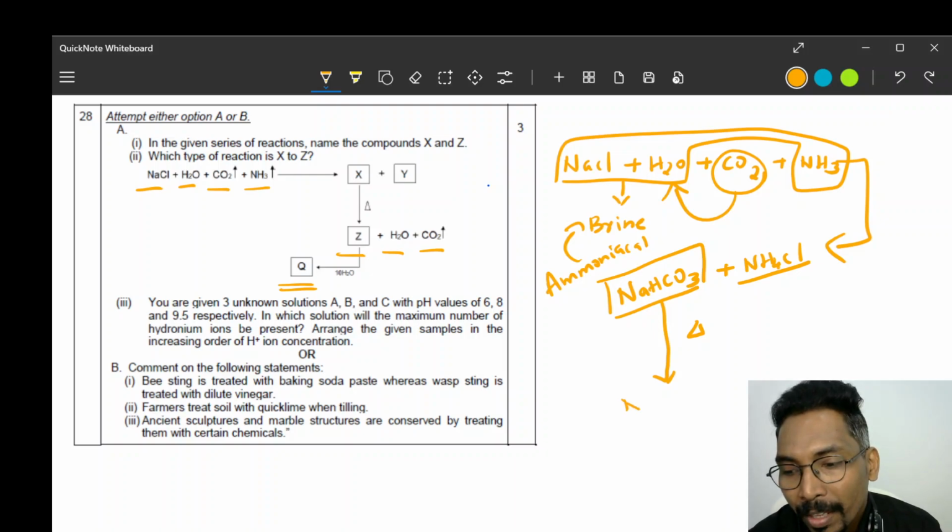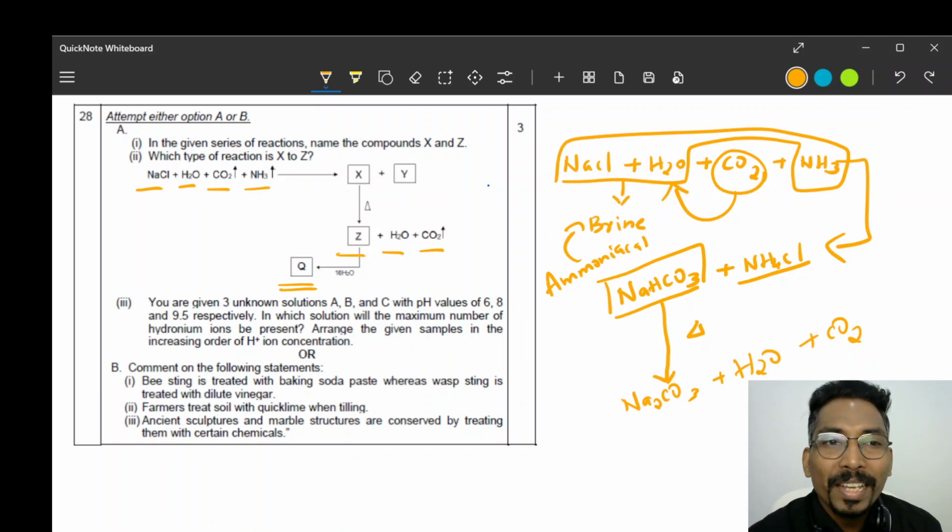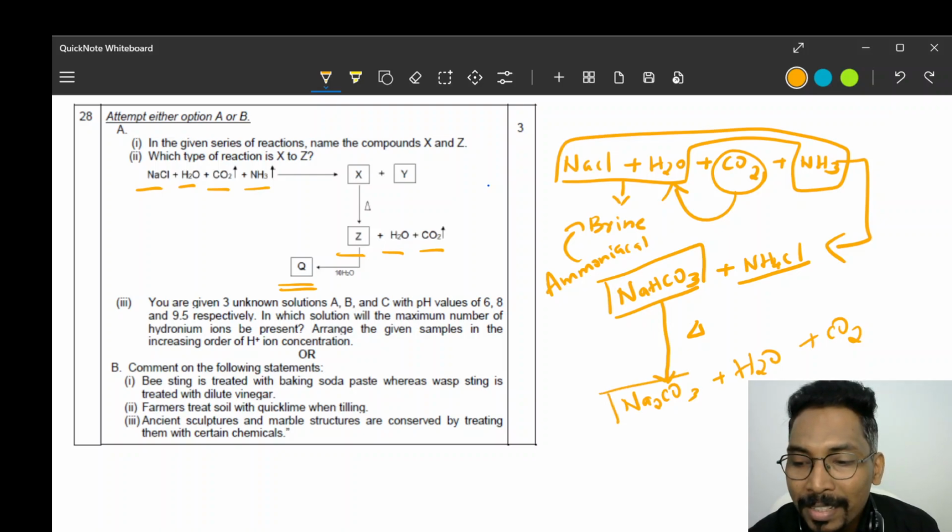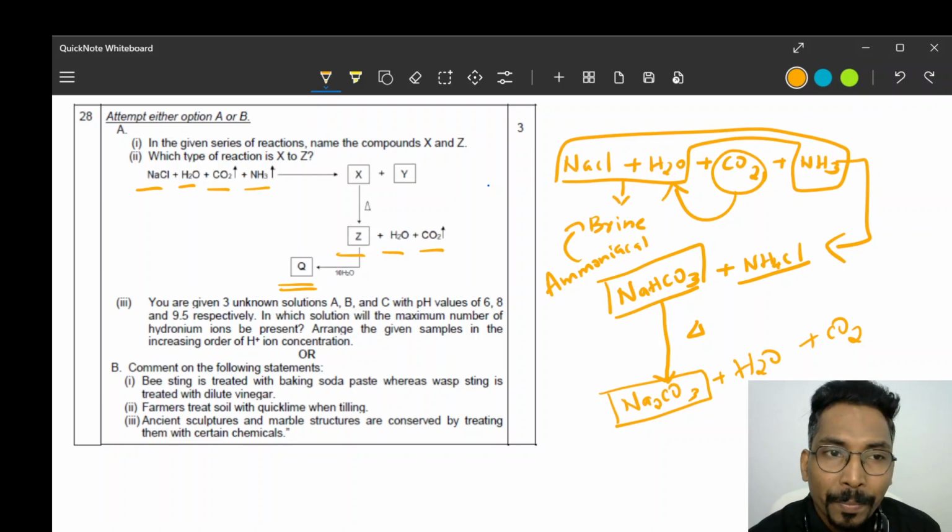Na2CO3 plus H2O plus CO2. So Z is Na2CO3. What is Na2CO3? Sodium carbonate. Not sodium bicarbonate, sodium carbonate.